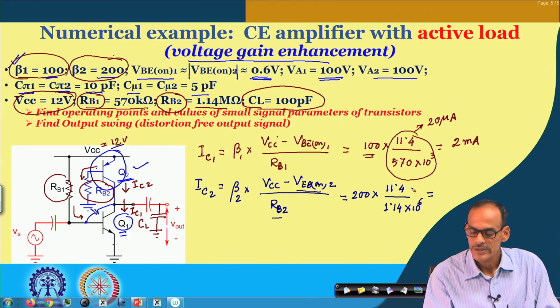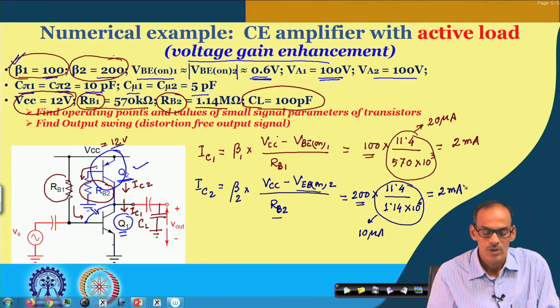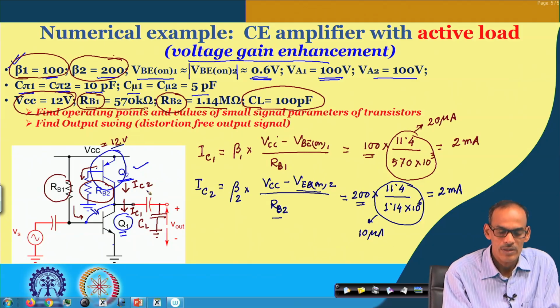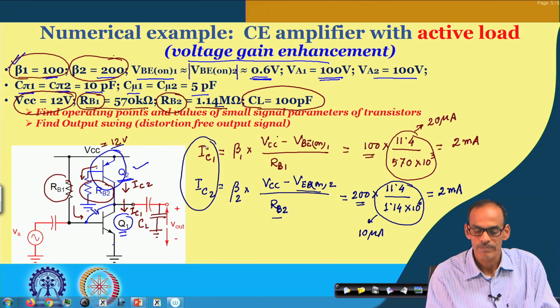Again this part is 10 microampere, but after multiplying with its own beta, it gives us 2 milliampere of current. So the base bias resistors are such that they compensate the beta difference, and finally both IC1 and IC2 are equal.